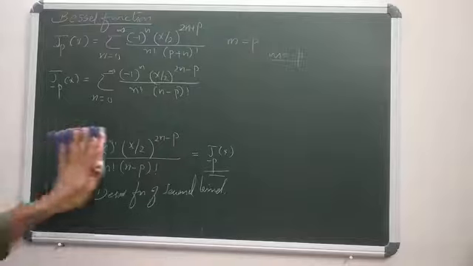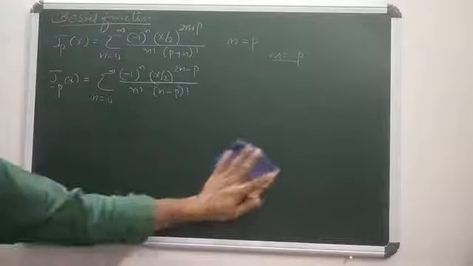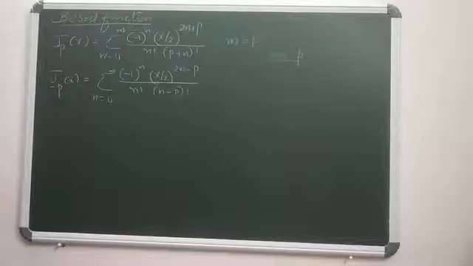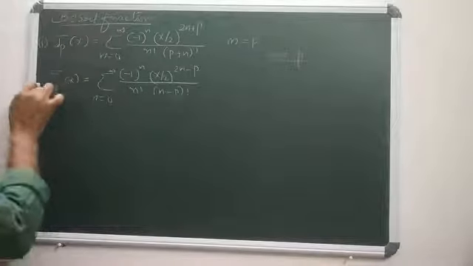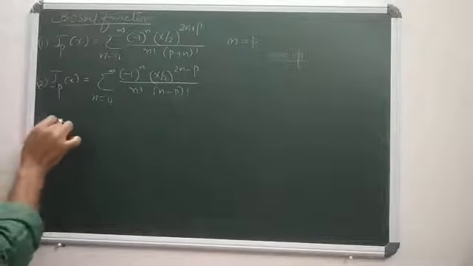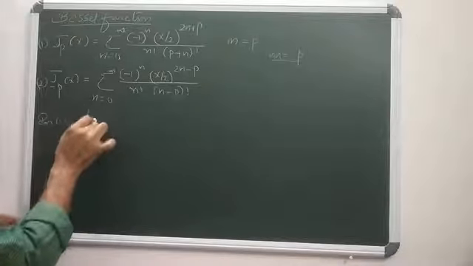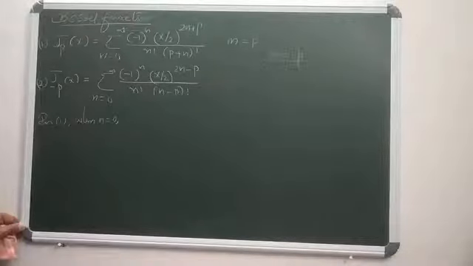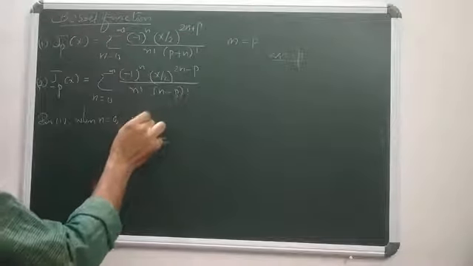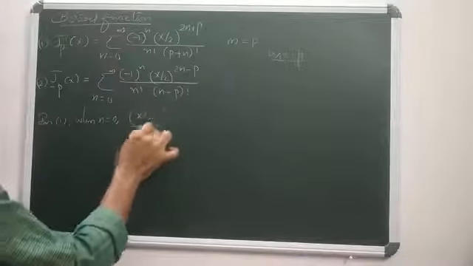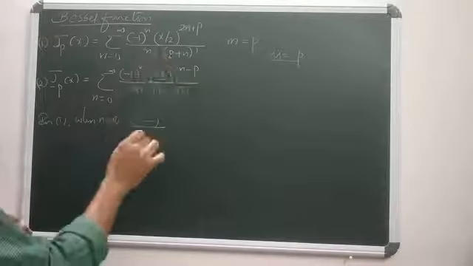This is J minus p x, the Bessel function of second kind. So this is 1 and 2. In 1, when n equals 0, what is the first term there? When n equals 0, the first term is (x/2)^p divided by p factorial.